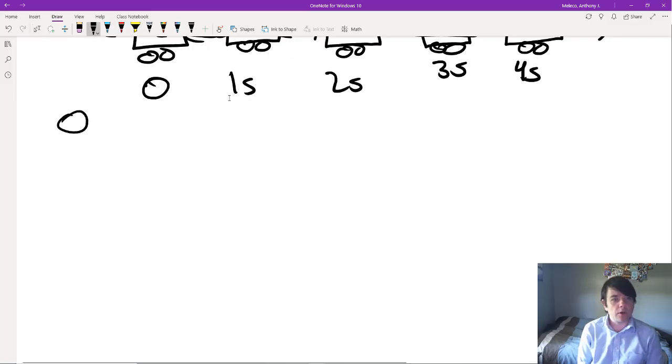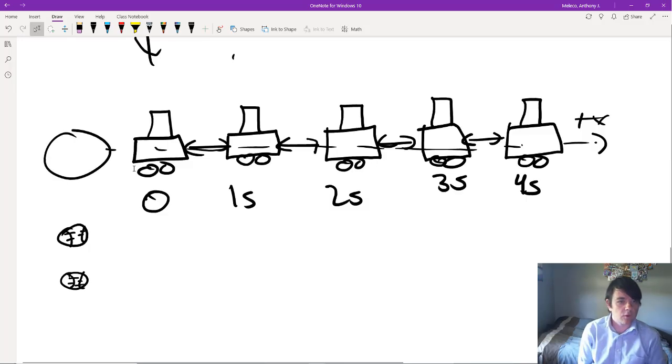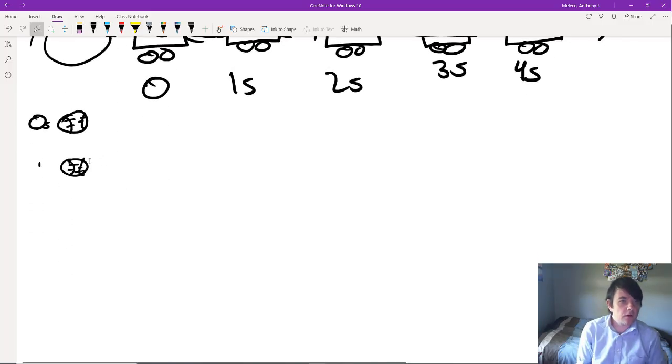If you look at a ball dropping, if you remember when we did that, so that's our coordinate system. Maybe after 0 seconds it's there, 1 second it's here, and then it starts accelerating downward because of the force of gravity.